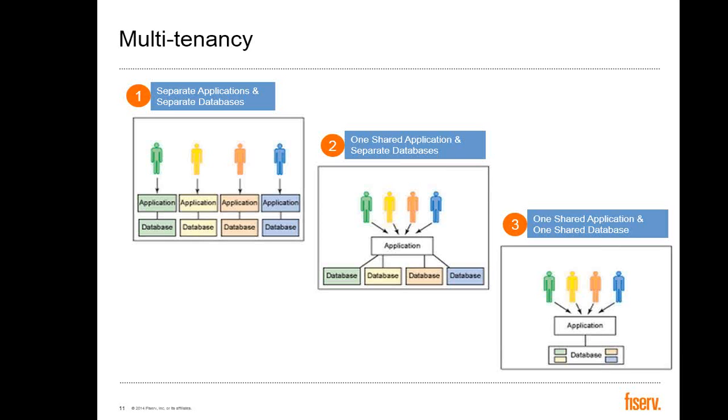So those kinds of efforts are there, and they have to be maintained in a systematic way when it is deployed in the cloud. One scenario is you can have a separate application and separate database for each customer. One can have a single application and multiple databases, or one can have one application and one database and have multiple tenants accessing it.